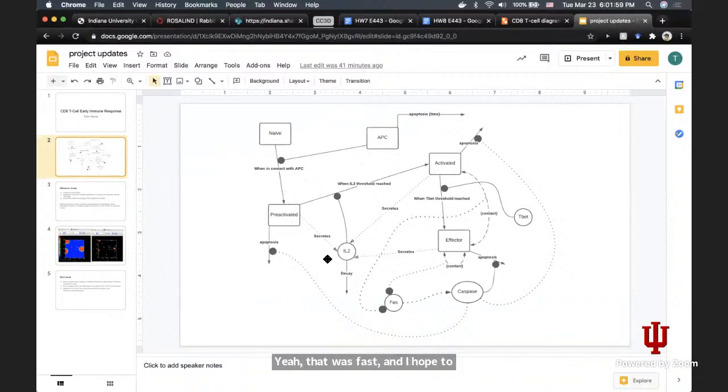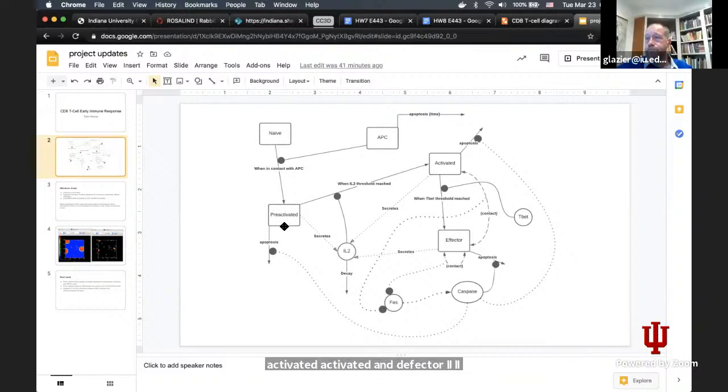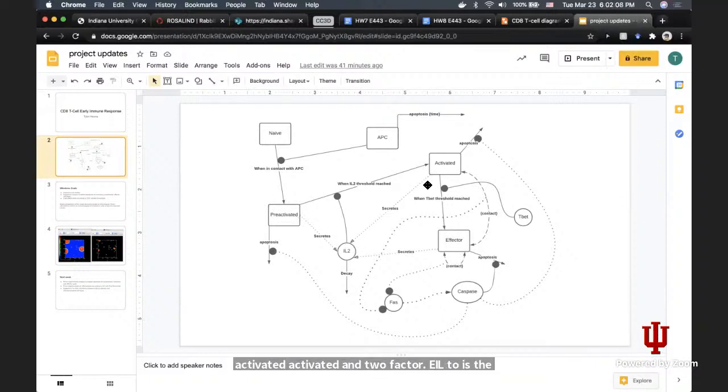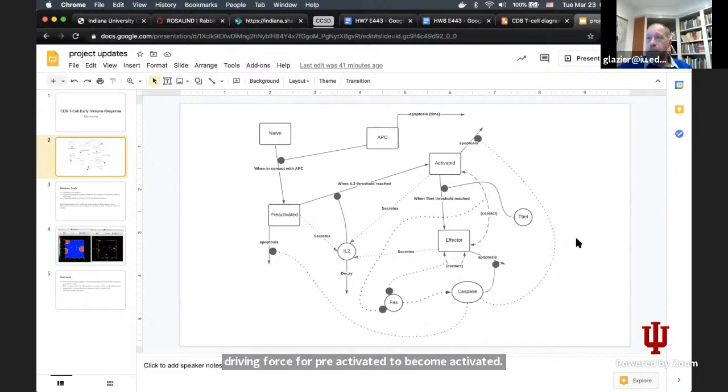IL-2 is secreted by pre-activated, activated, and effector cells. But IL-2 is the driving force for pre-activated to become activated. Okay, so there's going to be some rate equation for pre-activated becoming activated, which will be a function of the IL-2 concentration. Correct.